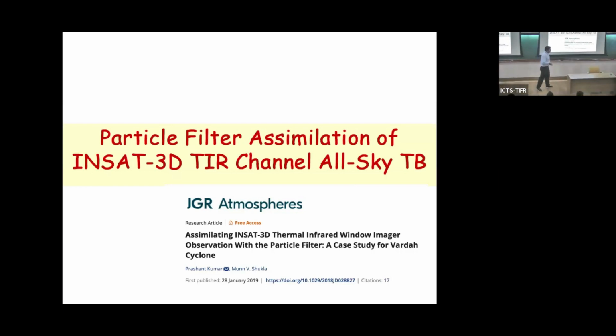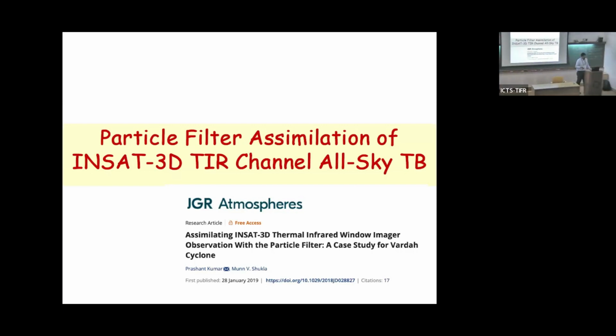But we have an observation operator for that, meaning our radiative transfer model can simulate the radiances or brightness temperature from the model fields, but still we are not using this for assimilation.